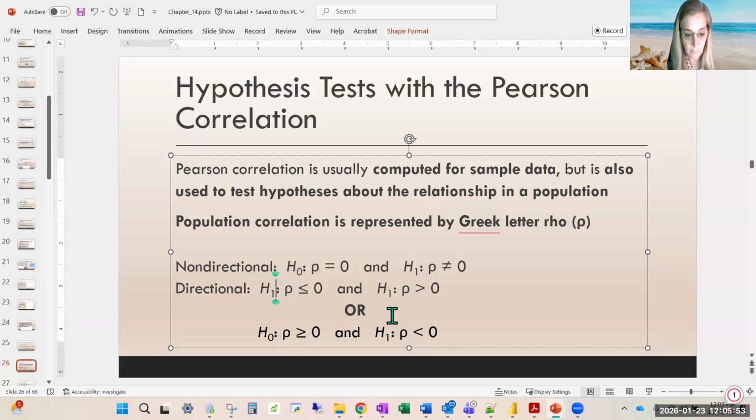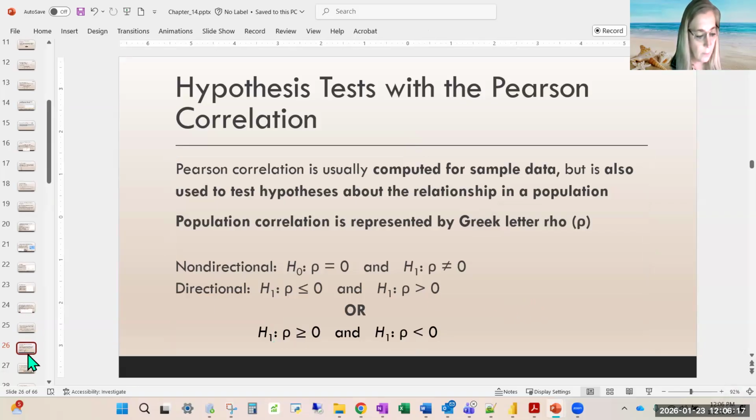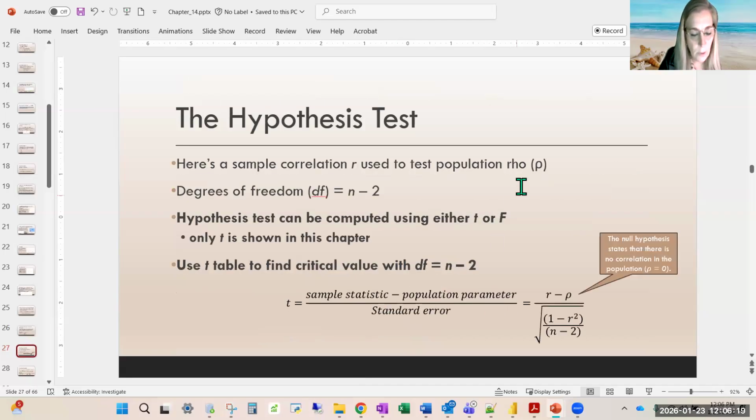There should be a 1. So if you have a directional, H0 is where rho is less than or equal to 0, and the other one is H1, rho being greater than 0. Sorry about that.